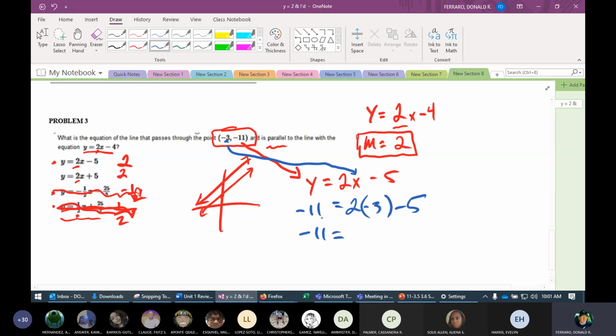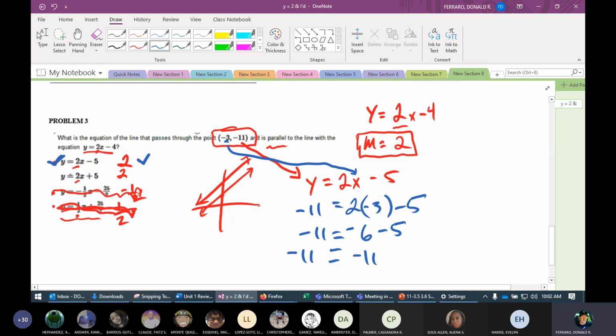So Kinski says negative 6. Good answer, Kinski. A number of you guys said that. Evelyn, Dylan, Kendra, awesome job. So I got negative 6 minus 5. Negative 6 plus a negative 5 is negative 11. And this equation works. So more than likely, A is going to be my answer.